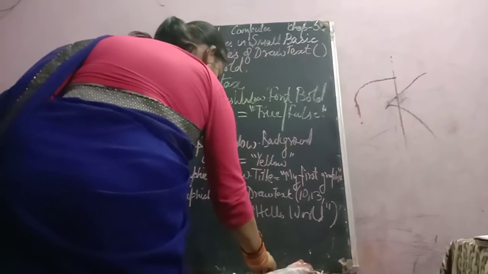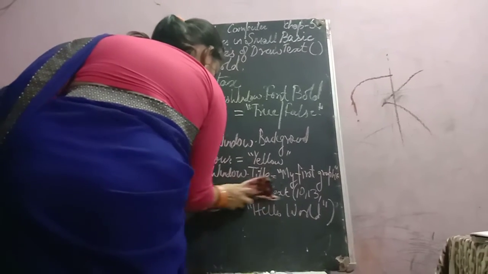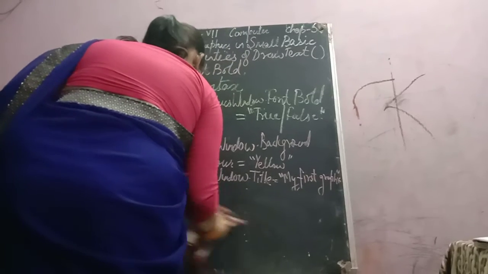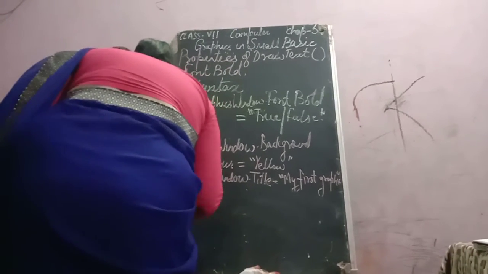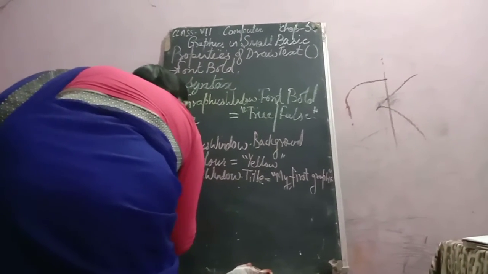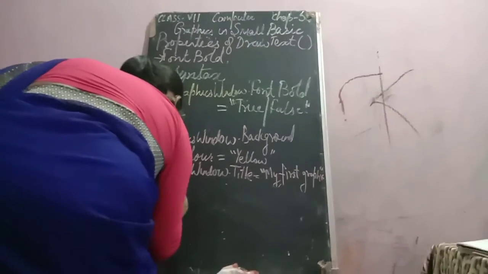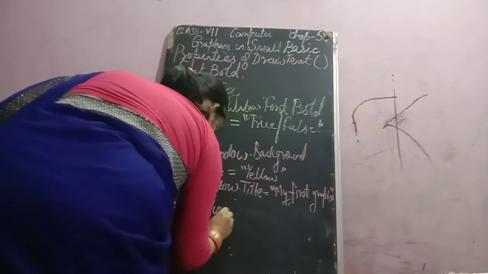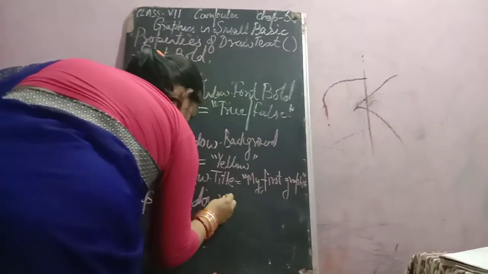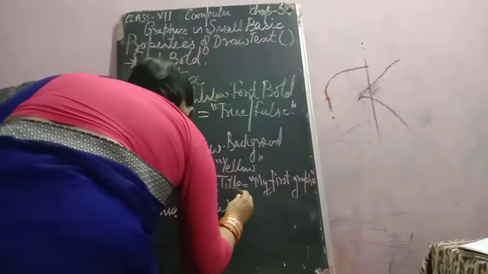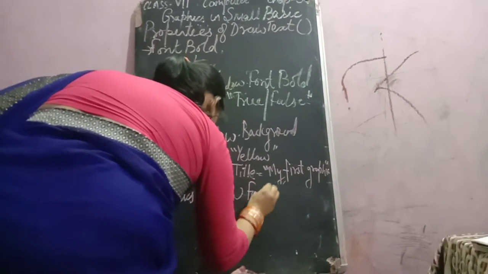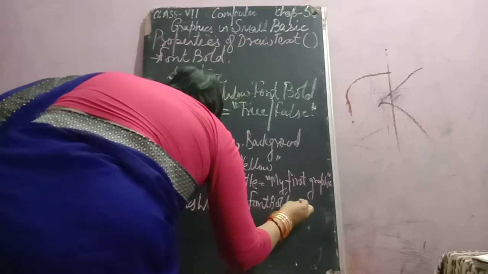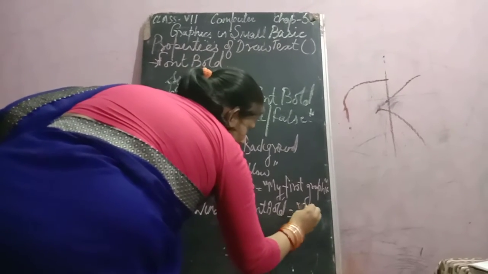Now, an example. Graphics window dot font bold is equal to false.